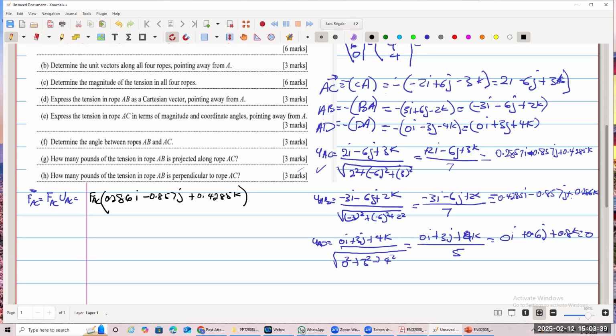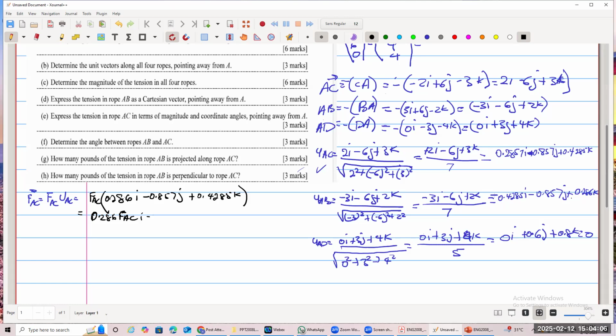After you have done that, that is 1. So typically it is 0.286 FAC, right? You can drop off the unit vector symbols and just write these components here. You can put I, and then when you're writing the equation, you drop them off.